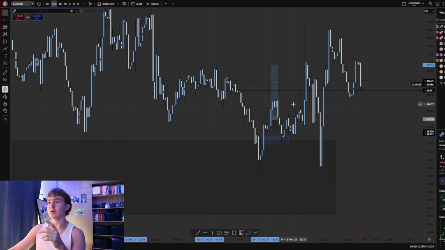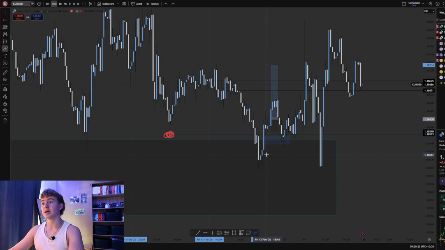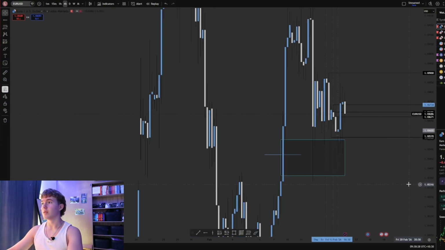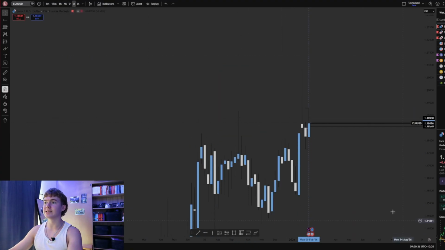Then on the 15-minute, what I was looking at was this sweep of this Asia low, and also coming into the 4 hour fair value gap. That seemed pretty good confluence, especially paired with the 4 hour.